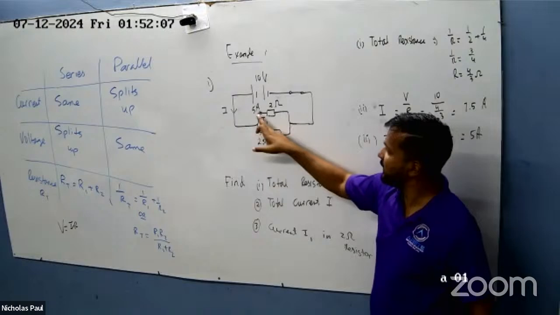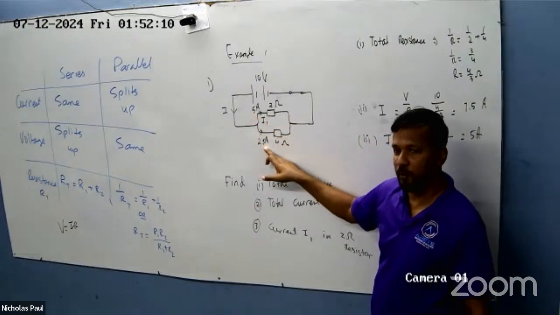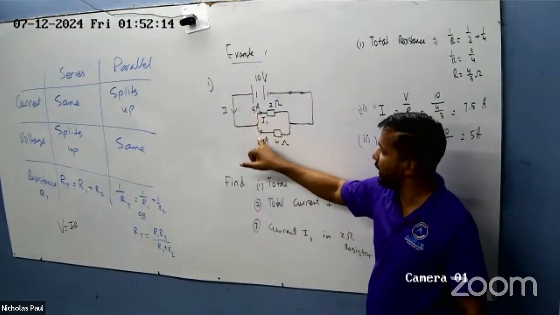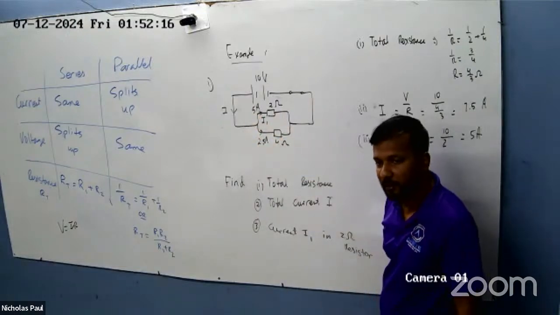David, why is it 5 going up here and 2.5 going here? Why is it not the other way around? Why is the larger amount going here and the smaller amount going underneath it?